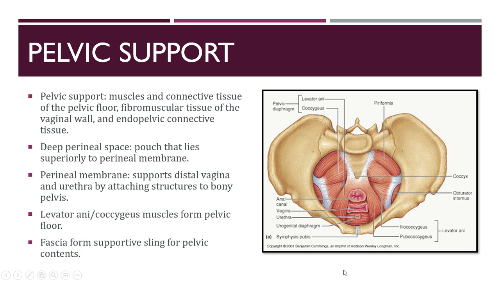And then the fascia has a supportive sling. Okay? So when we lose support, when large babies come through there, etc., or protracted straining, even at stool, you can understand that these muscles get stretched beyond their capacity, and that sling that normally supports the urethra can have laxity, thereby producing stress urinary incontinence.